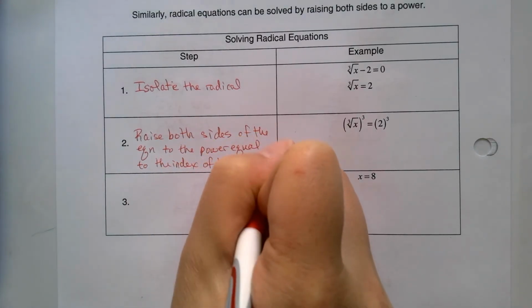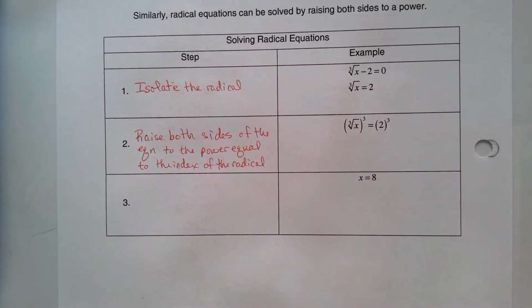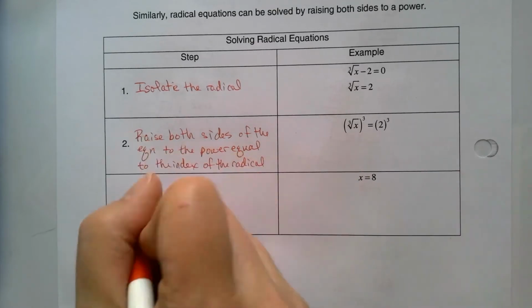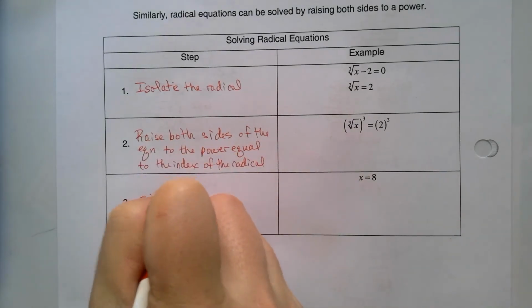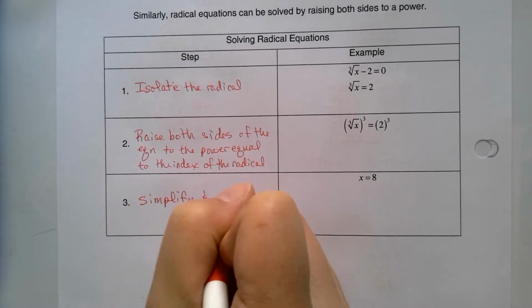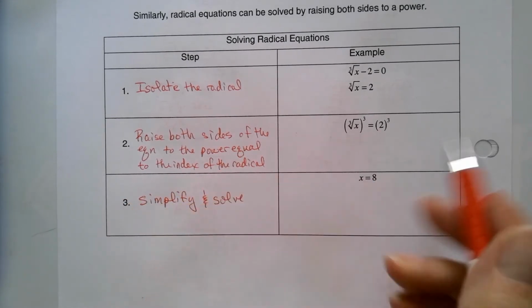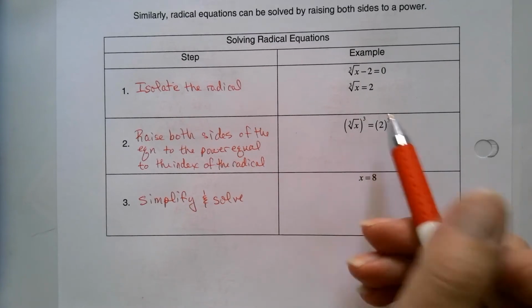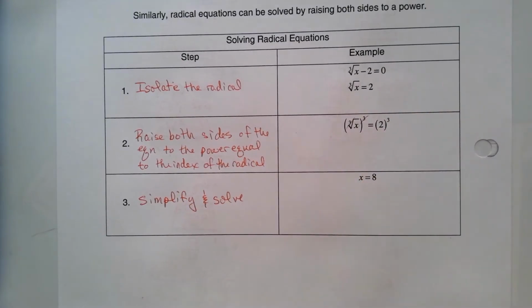So if I have a fourth root, I'd raise both sides to the fourth. If I have a square root, I'd raise both sides to the power of 2. All right, then you simplify and solve. Now, this was a pretty simple example, and the reason I say it's a simple example is there wasn't anything else. Once I cubed both sides, this cancels out. I'm left with x equals 8.